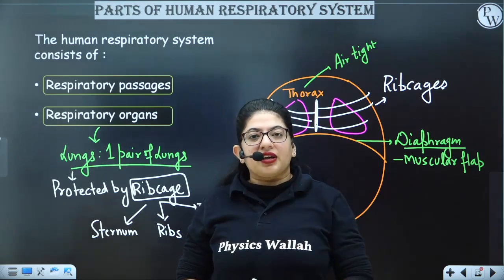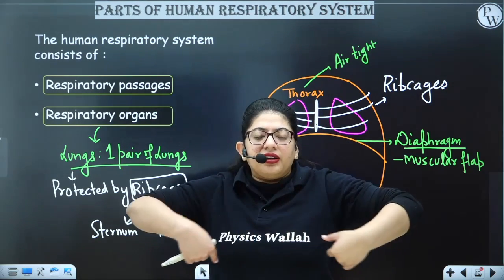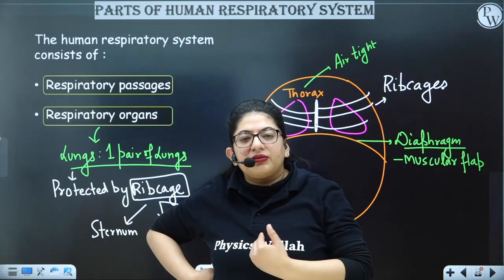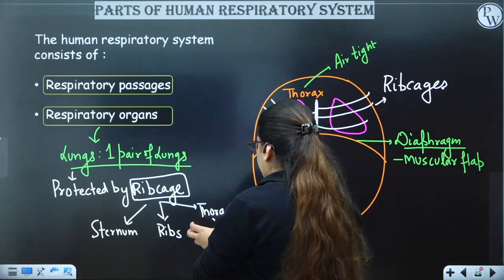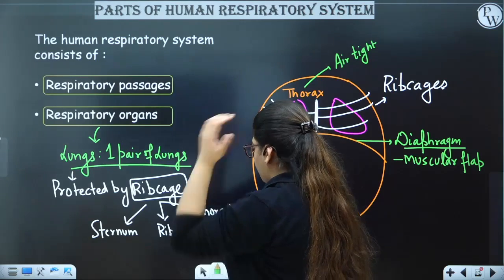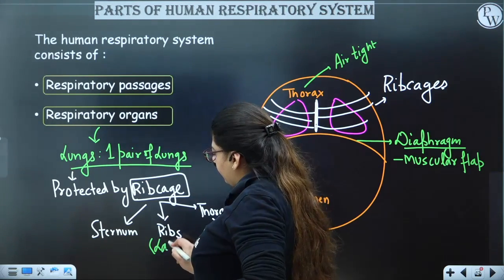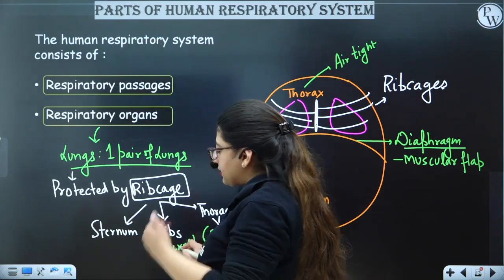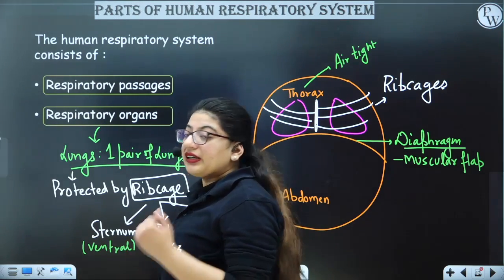The ribs connect to the sternum as well as the thoracic vertebrae. So thoracic vertebrae are present dorsally, ribs laterally, and sternum ventrally.